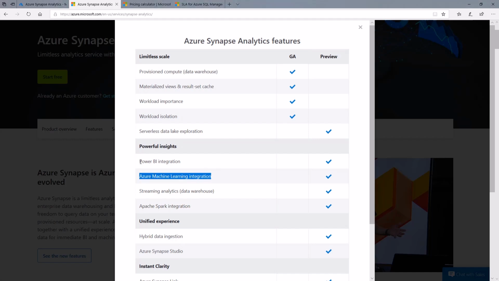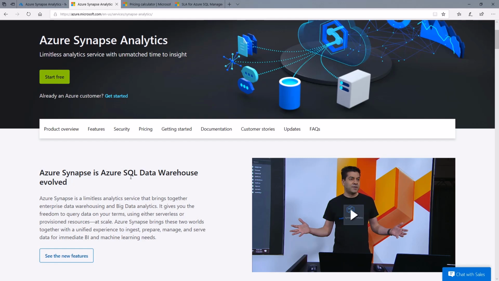Machine learning integration. Power BI integration, so that's a reporting engine. And streaming analytics, so streaming data is data that you're receiving every second or so, say, or every half a second. So Azure Synapse Analytics: it's a data warehouse, but it's also for serving big data.